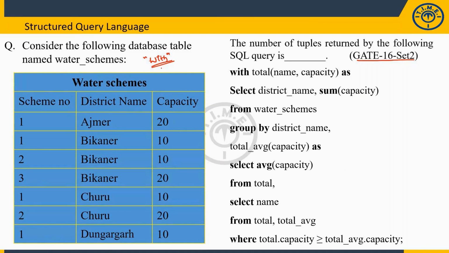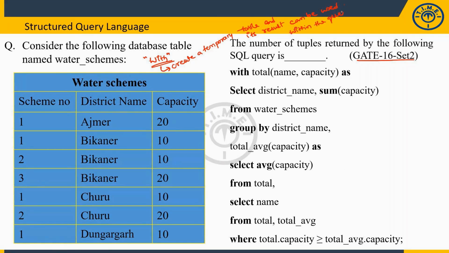With is used to create a temporary table, and its result can be used within the query.